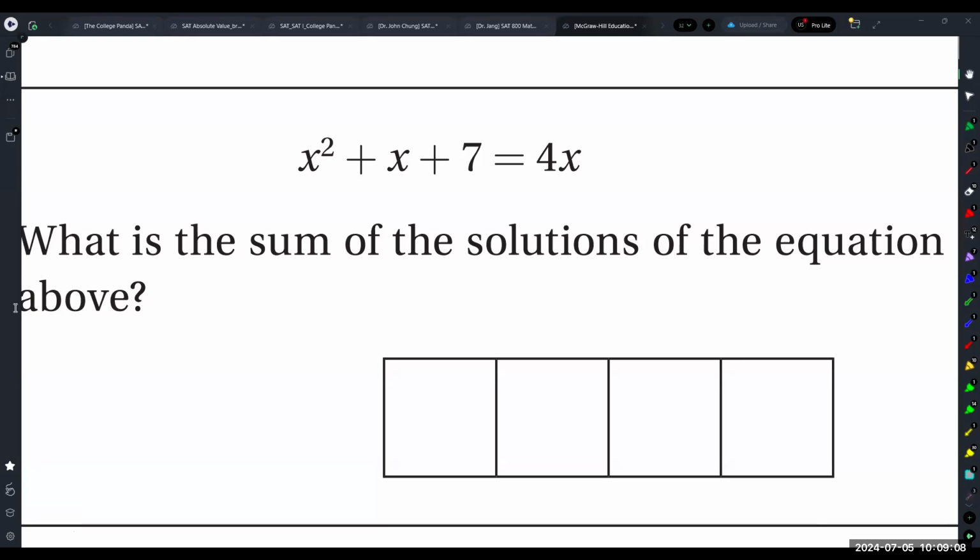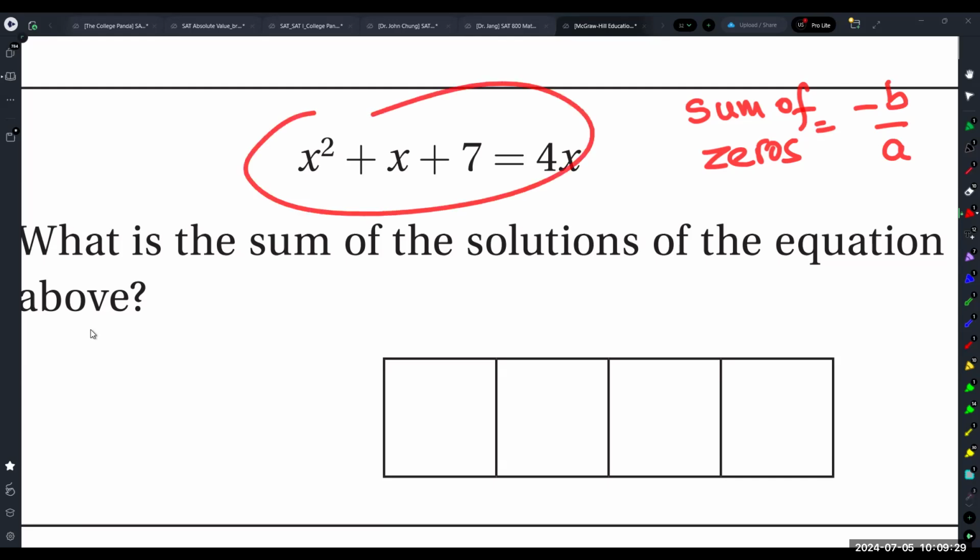What is the sum of the solutions of the equation above? I gave you a formula yesterday or the day before. The formula for the sum of zeros is minus b over a. So there's no need to find the solutions.